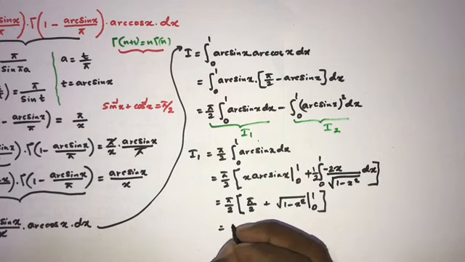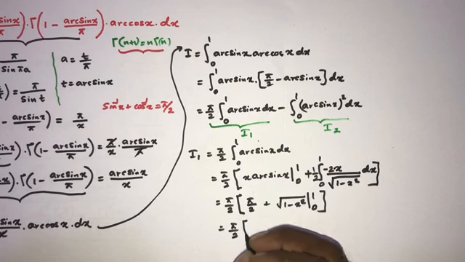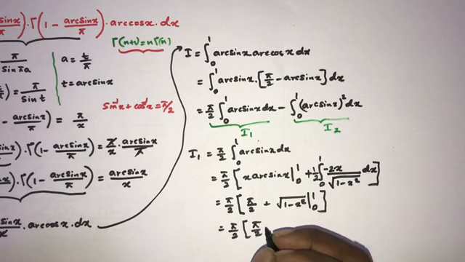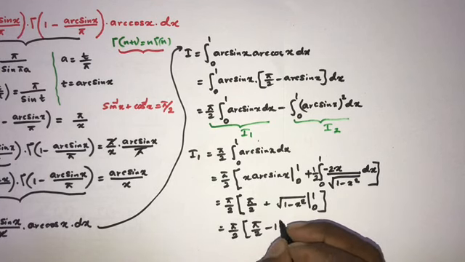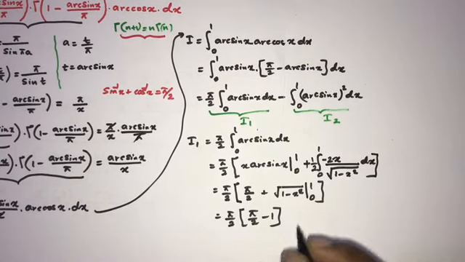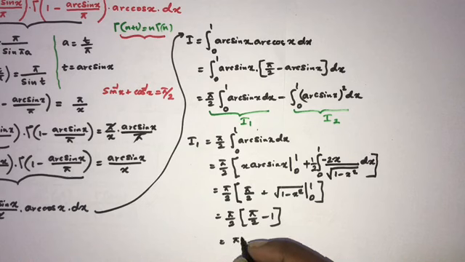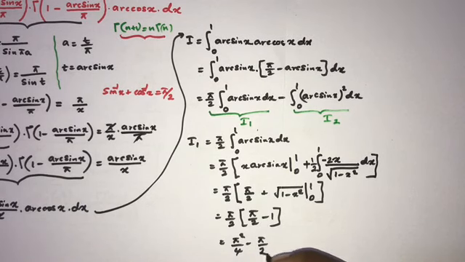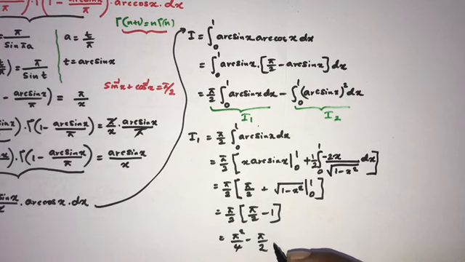Now if we simplify this, we will have pi over 2 times pi over 2 minus 1, and this is equal to pi square over 4 minus pi over 2. Okay, this is the I1.